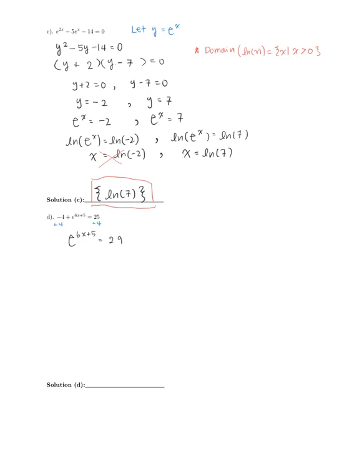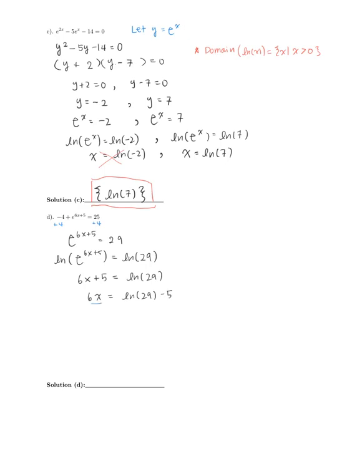Now I need to solve for x, so what we need to do is take the natural log of both sides. So here you're going to have ln of e to the 6x plus 5 equals ln of 29. Again, ln of 29 is some decimal value. So the next step, we have 6x plus 5 equals ln of 29. Then 6x is going to equal ln of 29 minus 5.